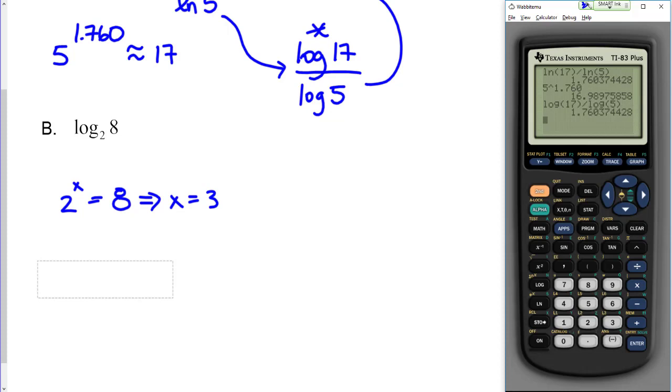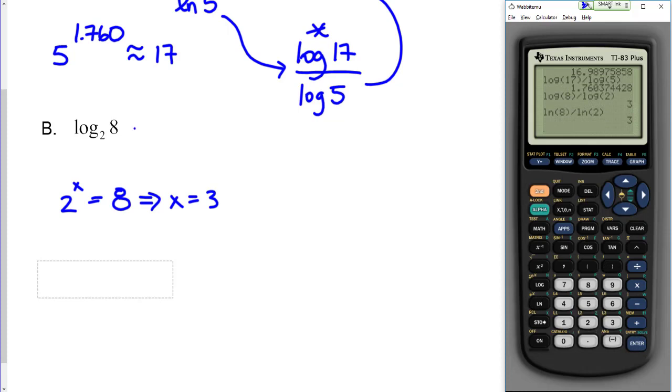But I just want to show you that the result through the calculator is going to be accurate. So let's see what happens. If I do a common log of 8 divided by a common log of 2, I get 3. And similarly, if I did a natural log of 8 divided by a natural log of 2, I still get the same answer.